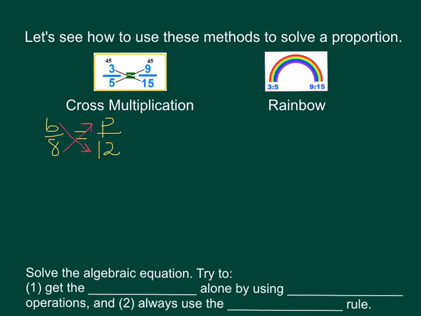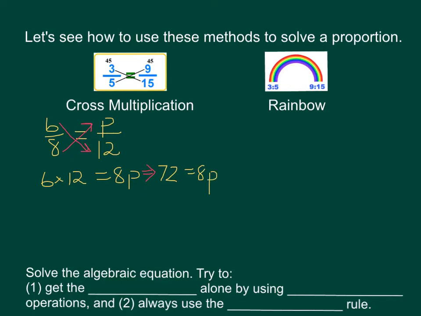So that becomes 6 times 12, and we would say that is equal to 8 times p. Now, 6 times 12 is 72, and then we're saying that is equal to 8p.